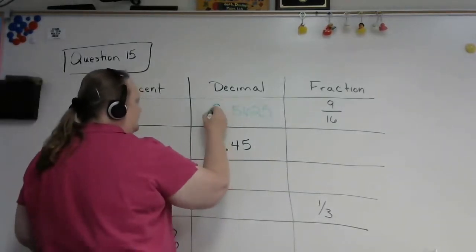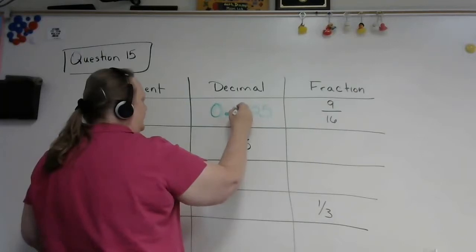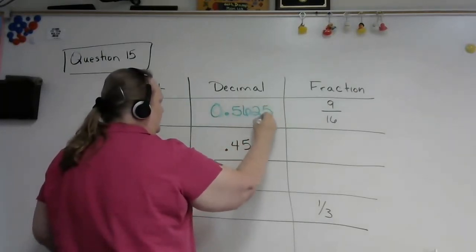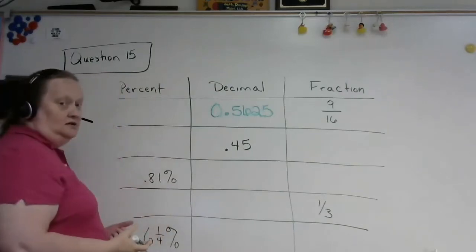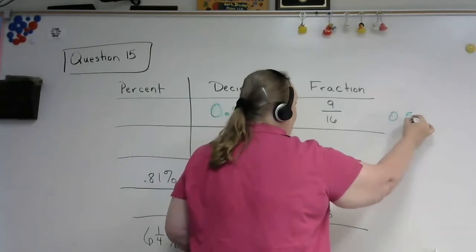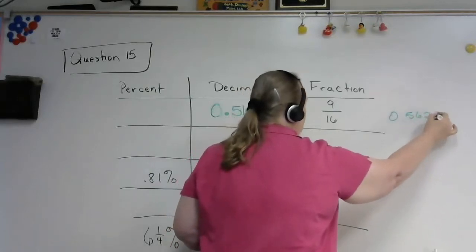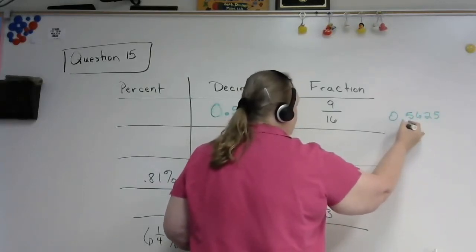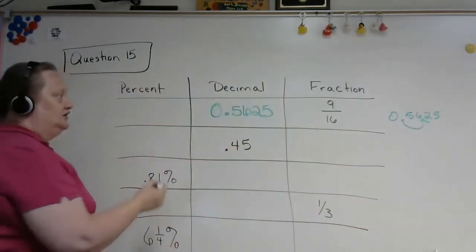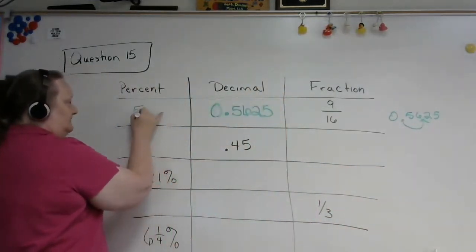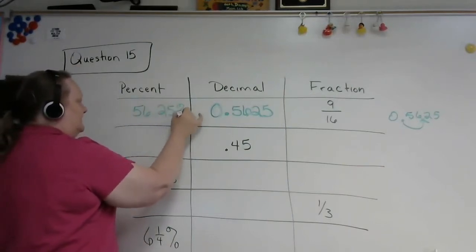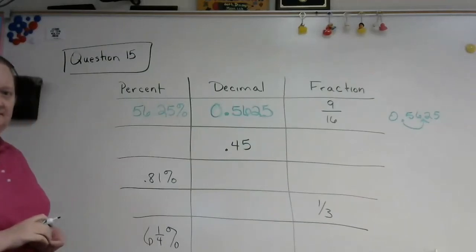So that's 0.5625. And then we want to move that decimal. That means that the decimal needs to move over 2 places. So when I move over 2 places, that gives me 56.25%.